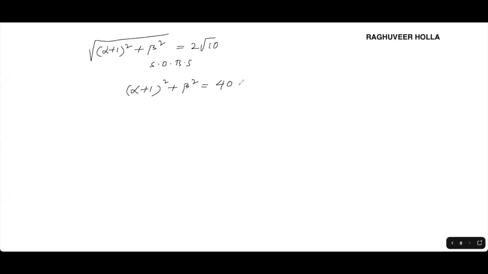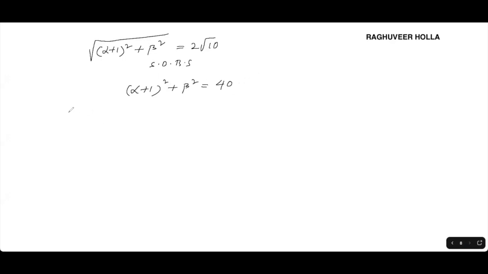So, as you notice that we had square root of alpha plus 1 whole square plus beta square, which is equal to 2 root 10. Right? Squaring on both the sides of the equation. So you get alpha plus 1 whole square plus beta square, which is equal to, this is whole square, so this will be 40. Okay.